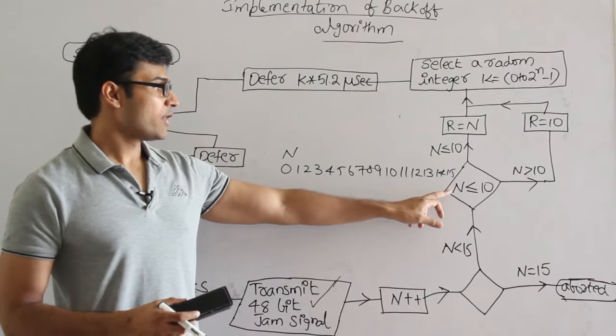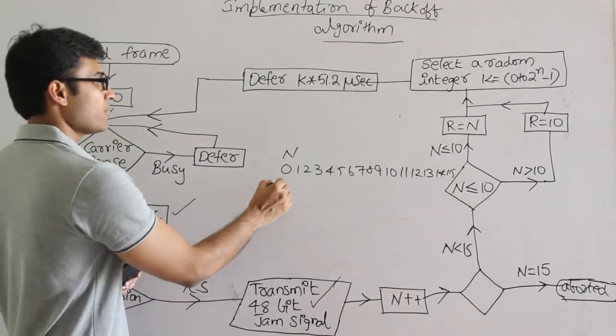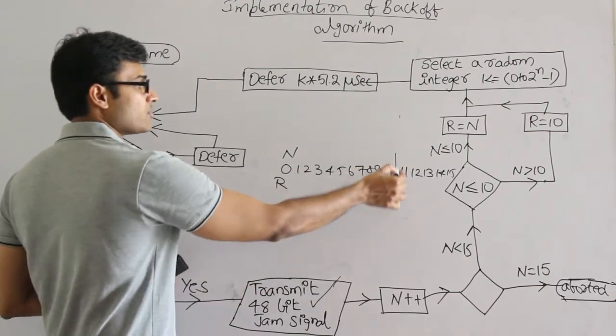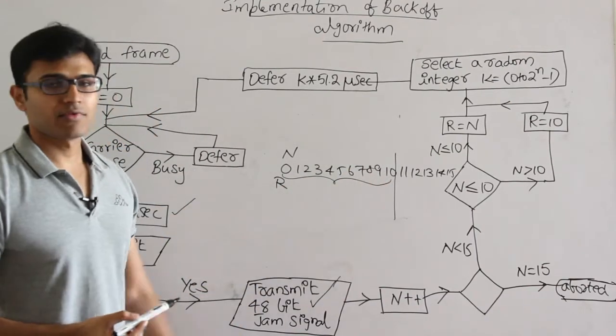But whenever n is less than or equal to 10, r equal to n, which means they are using one more number r which is set to n till this point, which means till n is from 0 to 10, r is going to be from 0 to 10.